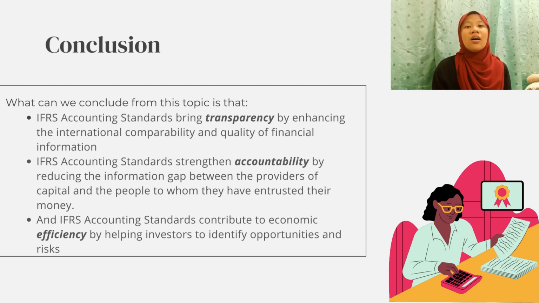Number two, it also strengthens accountability by reducing the information gap between the providers of capital and the people to whom they have entrusted their money. And last but not least, IFRS accounting standard adoption contributes to economic efficiency by helping investors to identify opportunities and risks around the world, thus improving capital allocation.